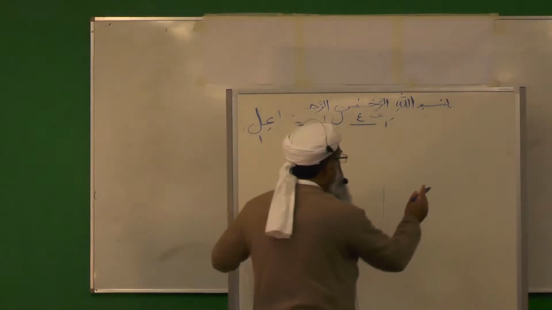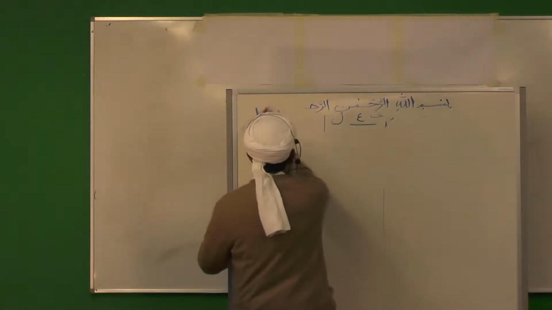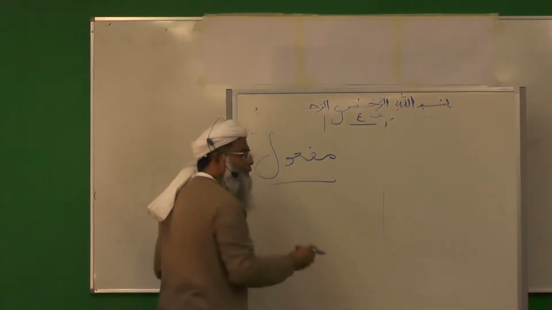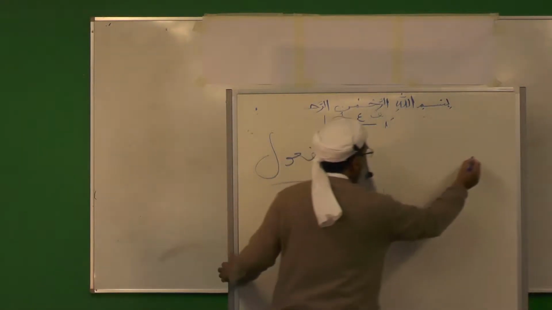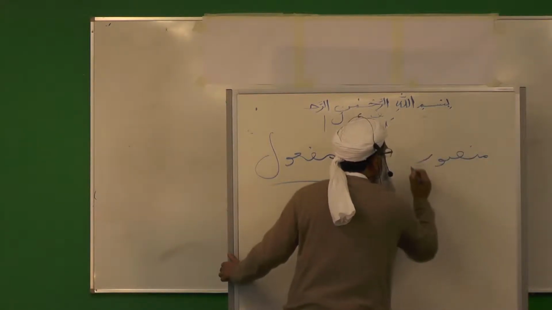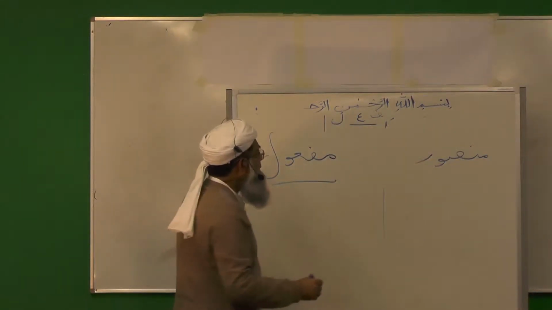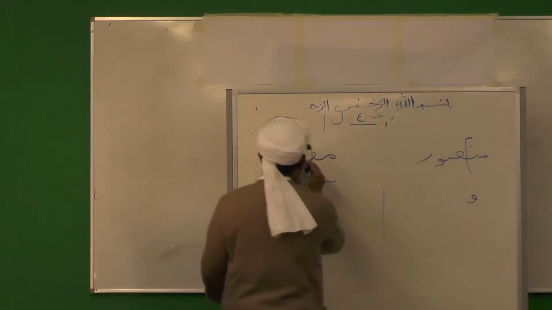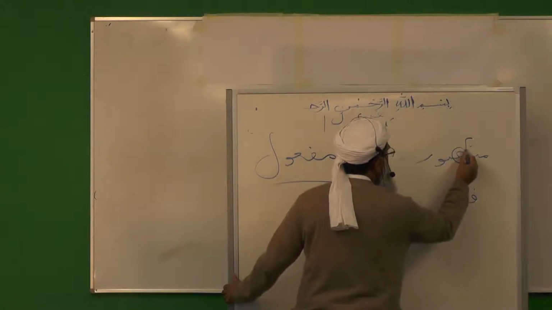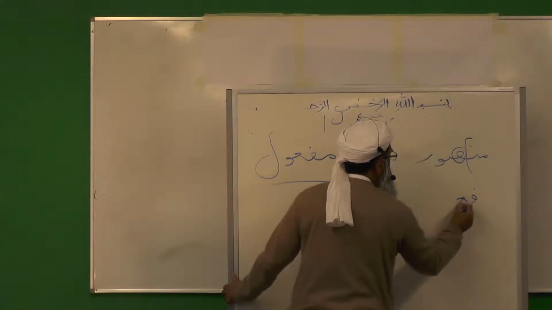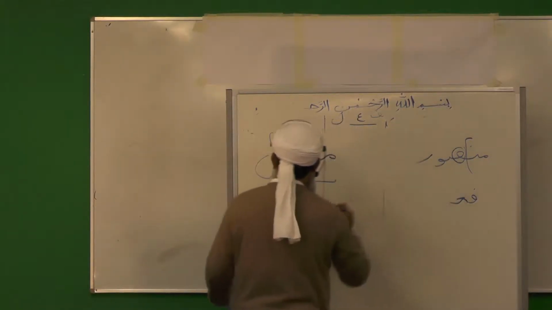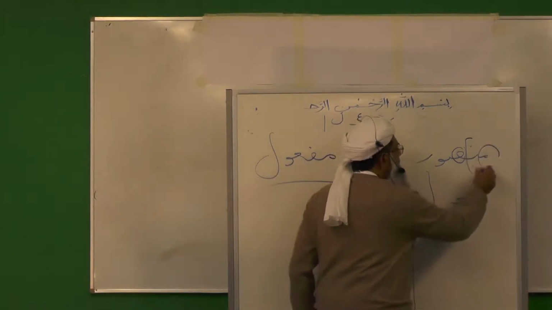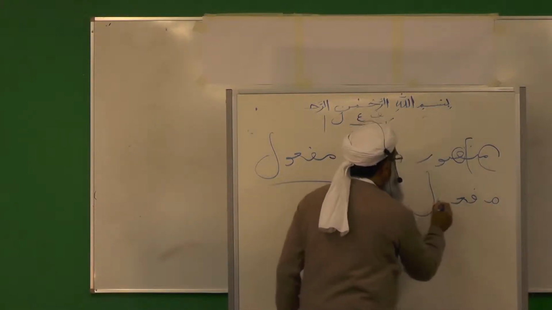So if I write over here maf'ul as the standard, all these maf'ul are words upon which action is done. So if I say mansur, the one who is helped, and if I replace the noon with fa and the sad with ain and ra with lam, and I put the other ones, they are constants, the meem and the waw.